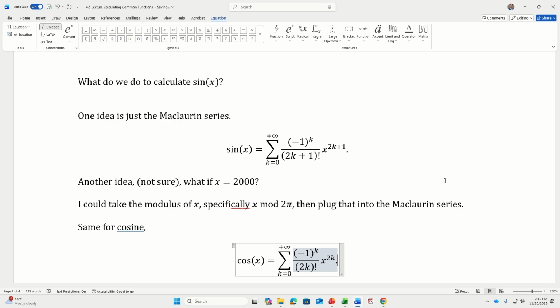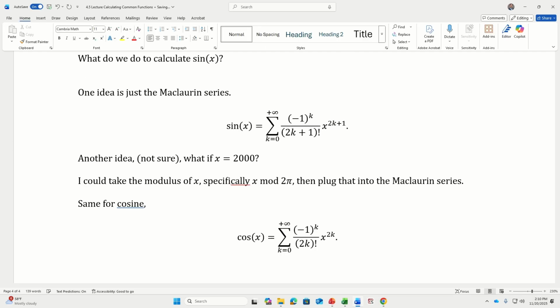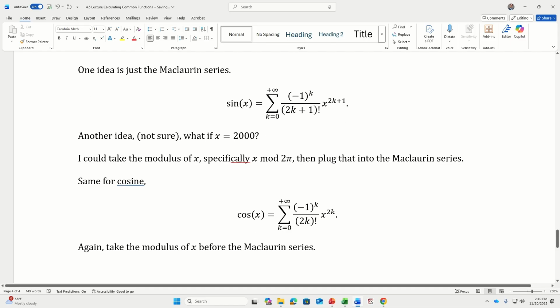So if k is 0, then I get 1 over 1 times 1. First term is positive 1. Yeah, that makes sense. That's right. And then again, take the modulus of x before the Maclaurin series. So we can get sine and cosine pretty easy.